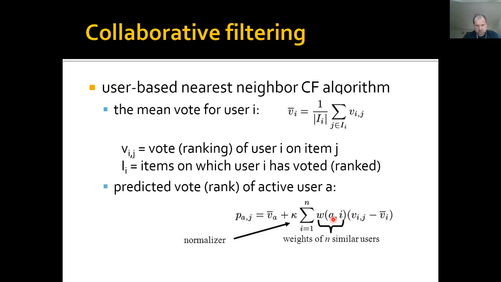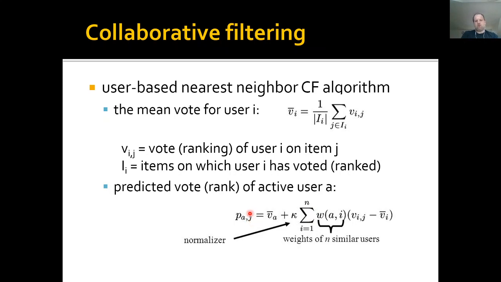And because we need to somehow normalize the voting, we take the vote and subtract the average vote for the respective user. So we are using just this delta, and we compute it for n similar users, and then use some normalizer kappa that does averaging of this cumulated vote for that item.